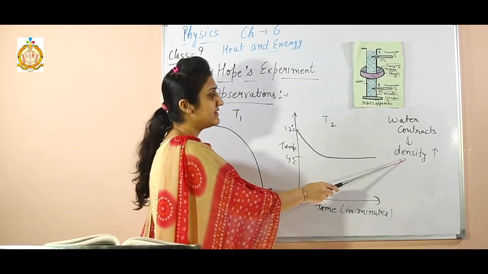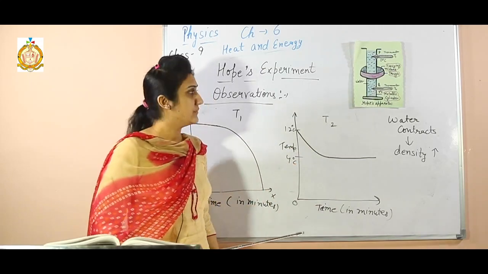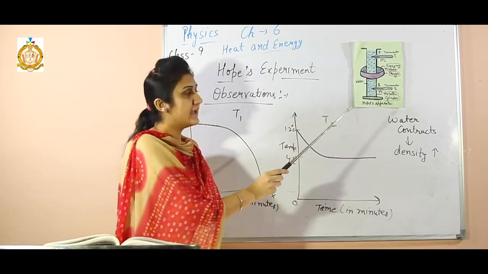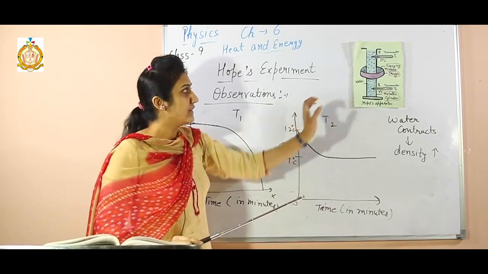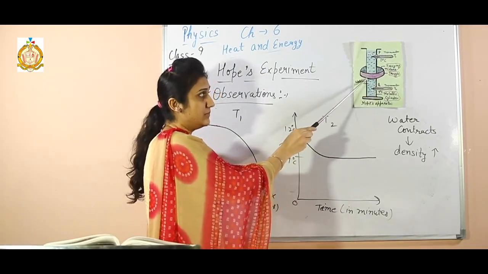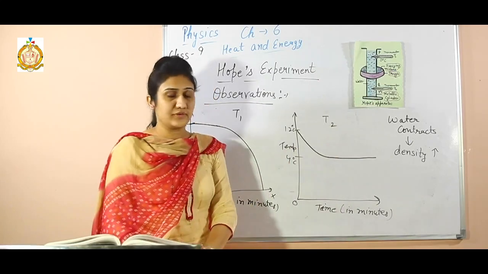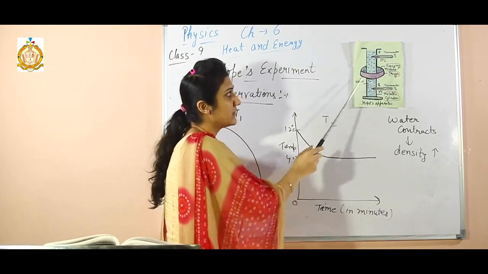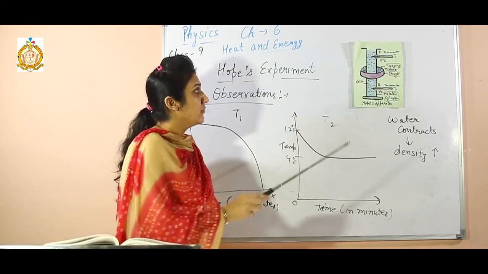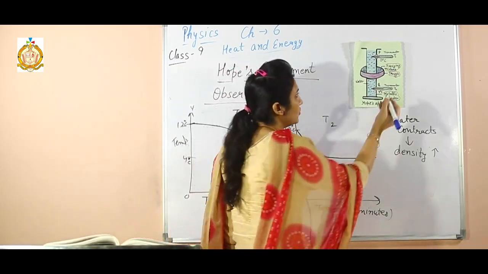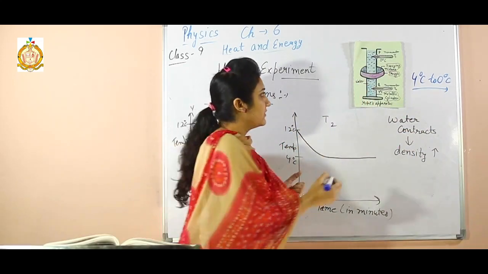as the density is increased here, the water with more density goes down the cylinder, means it sinks to the bottom, and the bottom water which is warm takes the place of the water, and as these convection currents are set up, the bottom of the cylinder has 4 degrees Celsius water, and again due to further cooling the water freezes here, and this happens due to anomalous expansion of water, because on further cooling, that is cooling from 4 degrees Celsius to 0 degrees Celsius, the water is expanding.